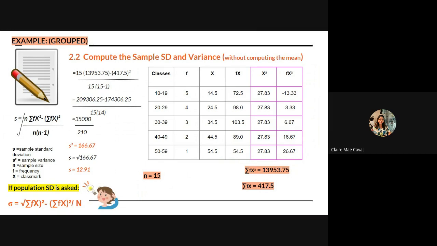Okay, let's go back. So yes, this is wrong. I cannot edit it right now, but you can edit it yourselves. This is the square of the class mark.